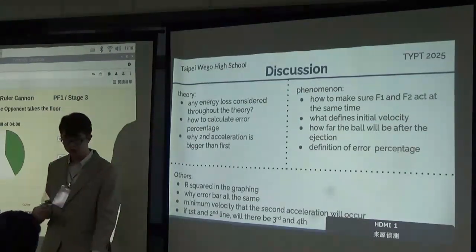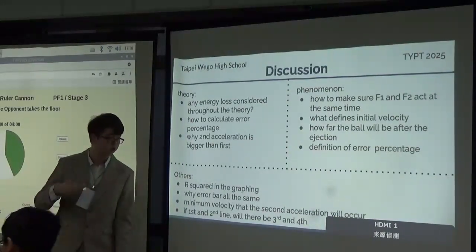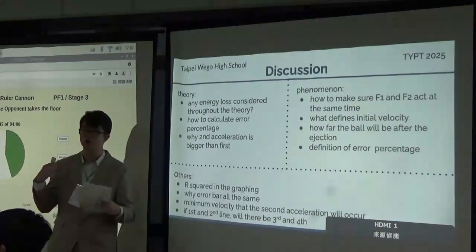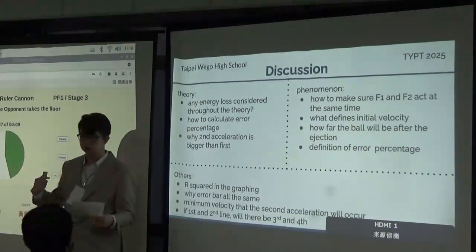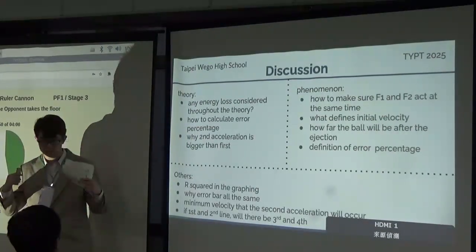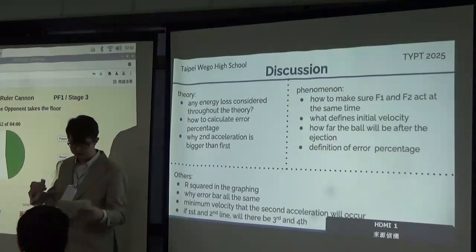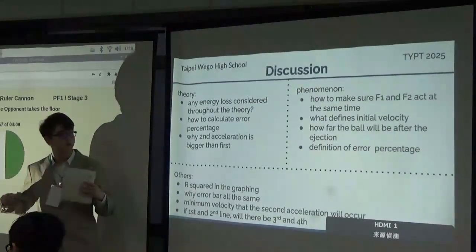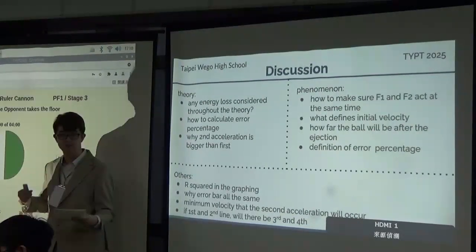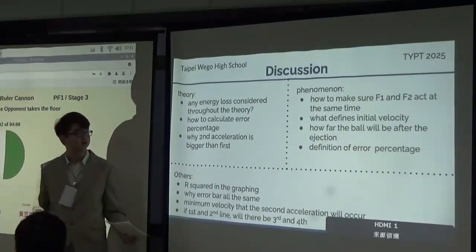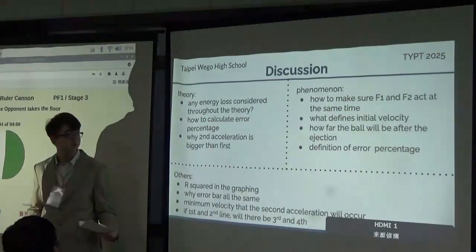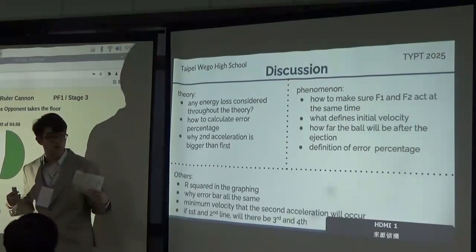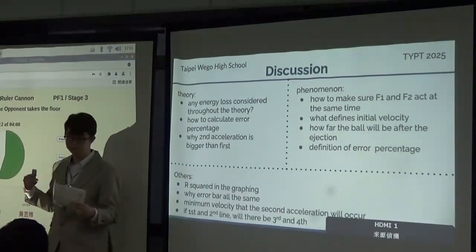As for the discussion questions, these are a few points that I want to raise in the discussion. First, is there any energy loss during the ejection, and how to calculate the error percentage, the method, and why is the second acceleration always bigger than the first? And for the phenomenon, how to make sure that F1 and F2 act at the same time, and what defines the initial velocity, the definition, and how far the ball will be after ejection, and also the definition of error percentage.